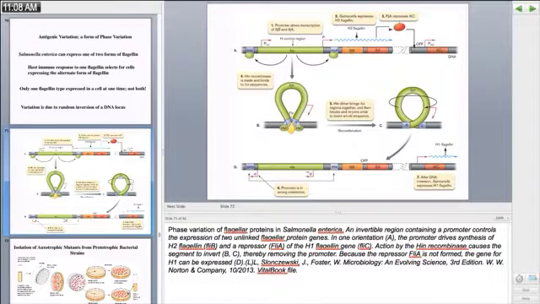Here's the promoter, shown as a P, and anytime you see a bent arrow like that, that's usually a universal designator for the start of transcription. So transcription is beginning here at this promoter, and this wavy blue line is meant to represent messenger RNA.